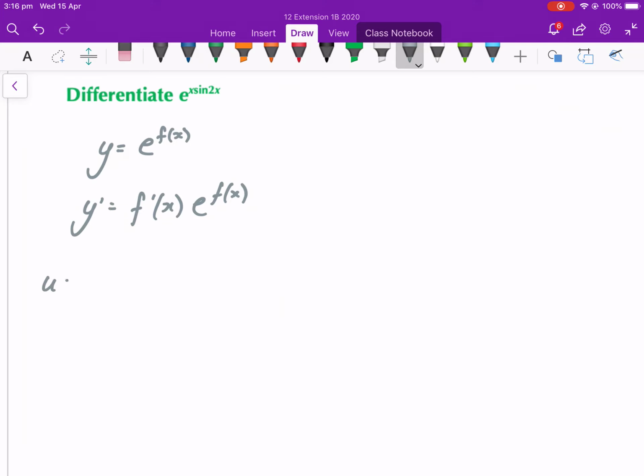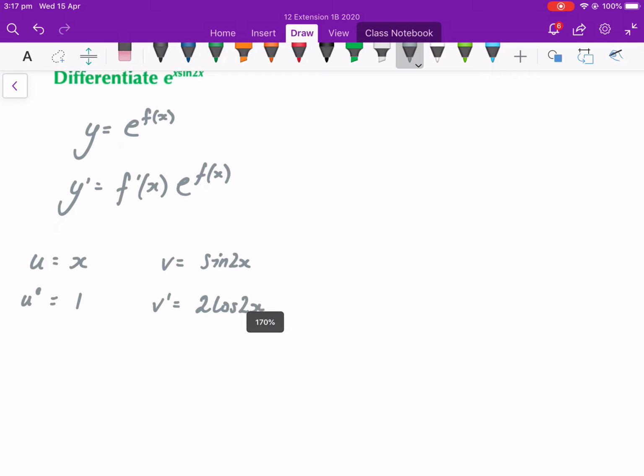So we're going to let u equal x, therefore u dash equals 1. We'll let v equal sine 2x, therefore v dash equals 2 cos 2x.